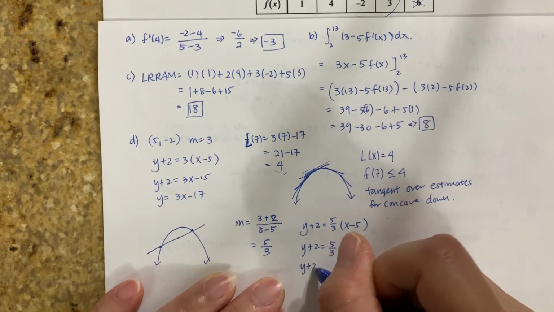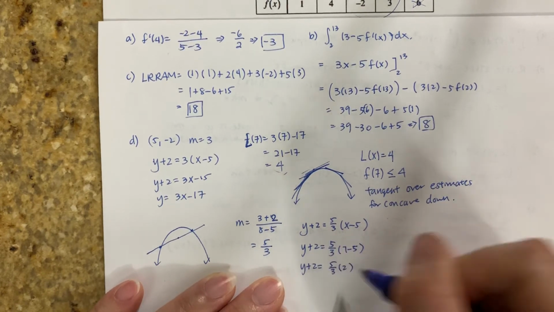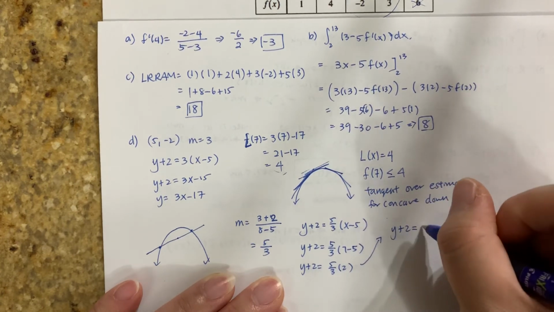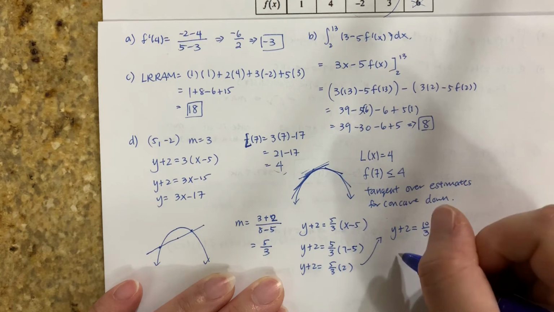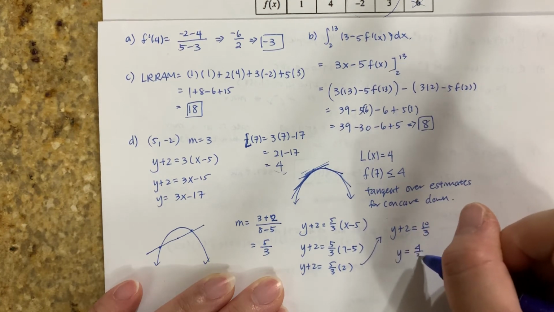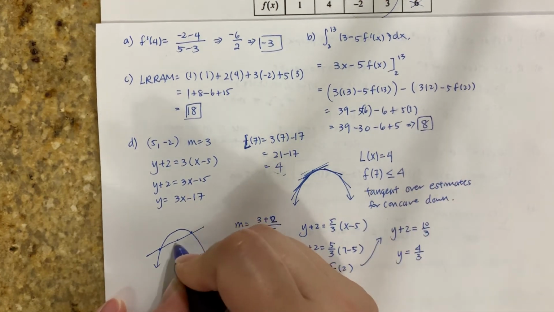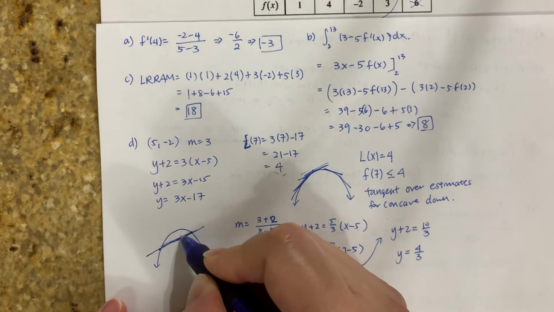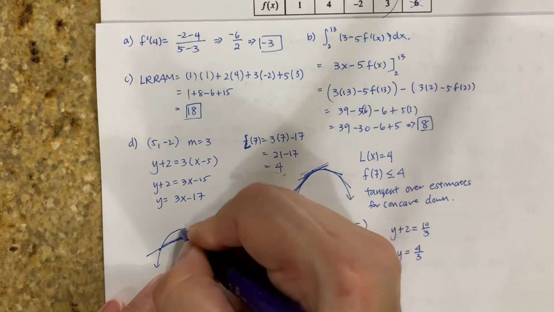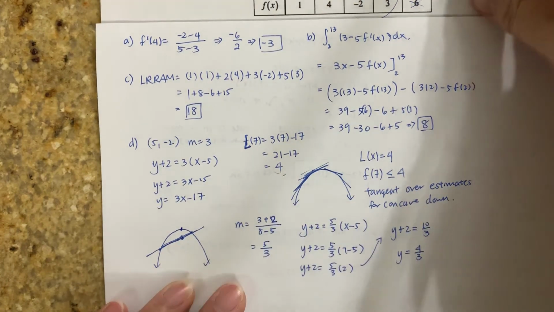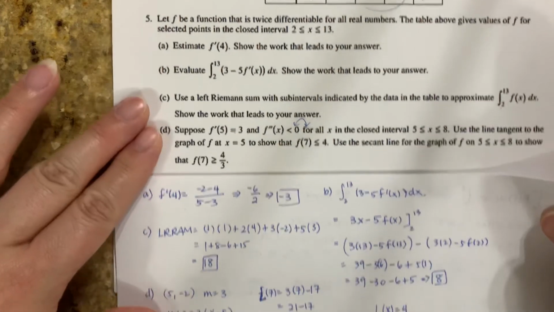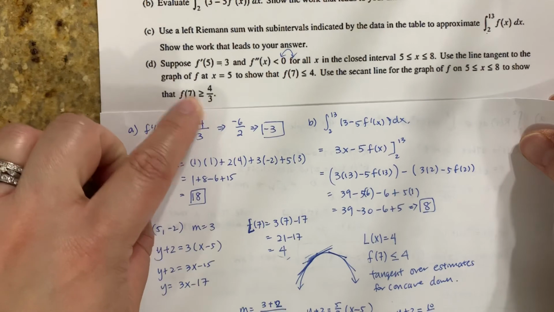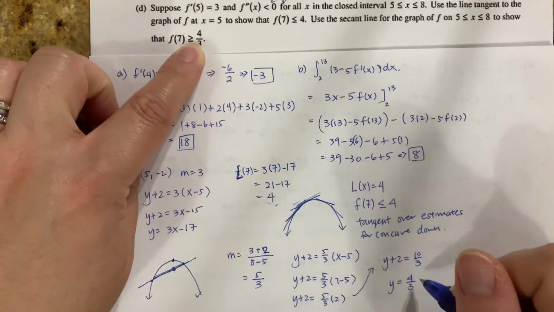So I get y plus 2 equals 5 over 3 times 2. Y plus 2 equals 10 over 3. Subtract 2, y equals 4 over 3. So my secant line value is 4/3. Notice how it's underneath whatever the value actually is. So my actual value at 7 must be above the 4/3. Because my secant is below my curve, the actual value is going to be bigger than my secant value down here.